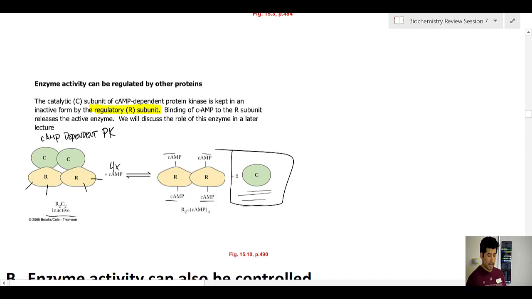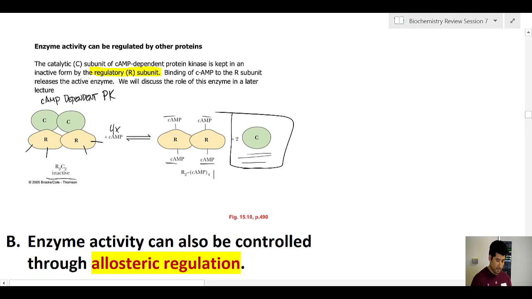What does a protein kinase do? Phosphorylate using what? ATP. What type of enzyme is a kinase? Transferases. All kinases are transferases, but not all transferases are kinases.